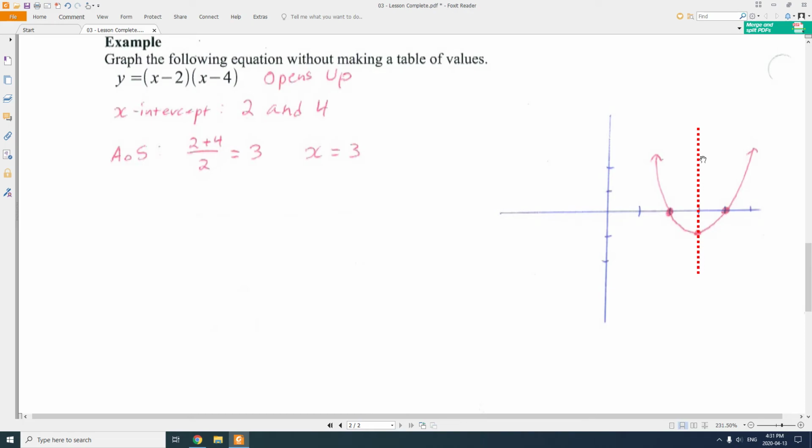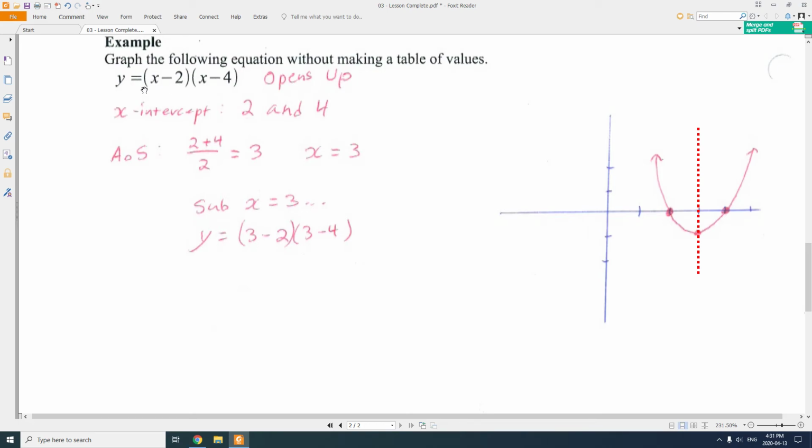So I know that my vertex has to be somewhere along this line, but I still don't know where to draw it, right? Is it here? Is it way down at the bottom? What we can do is take that x value and substitute it back into the equation. So we're going to plug x equals 3 into our equation and figure out what the y value is at that point.